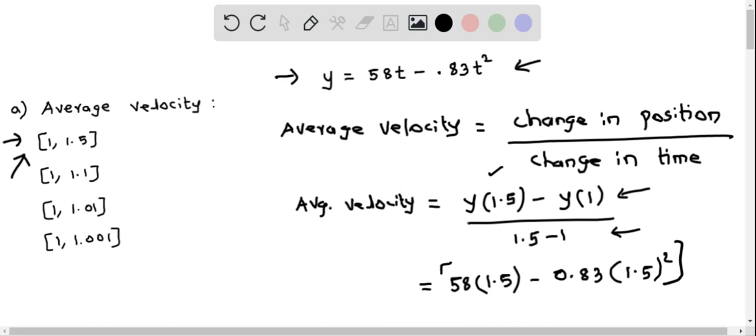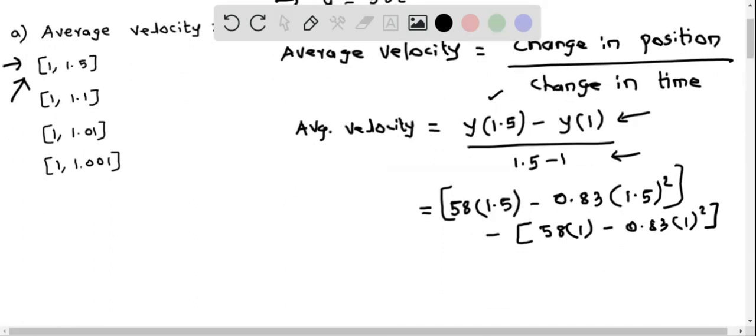So this is the first part, minus y of 1. Y of 1 is 58 times 1 minus 0.83 times 1 square. This is all over 1.5 minus 1, which is 0.5.